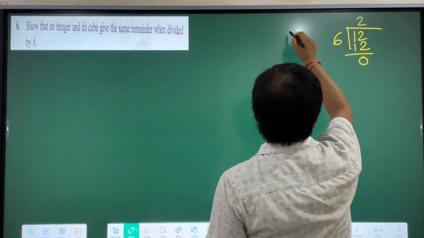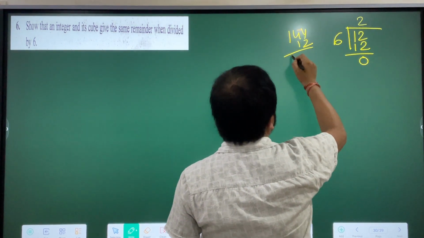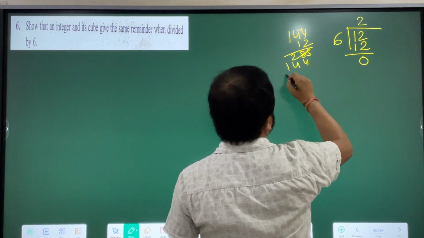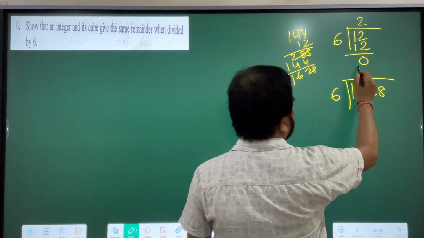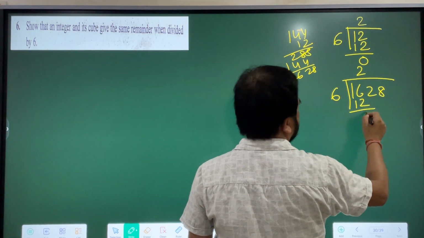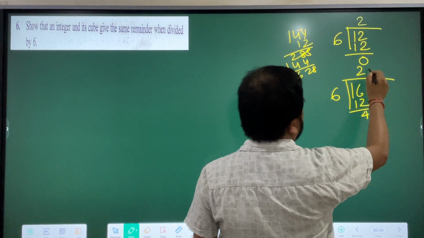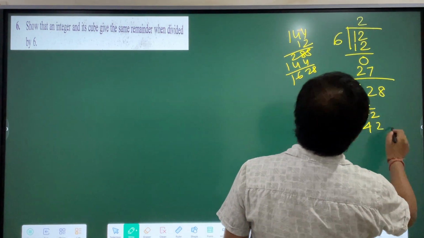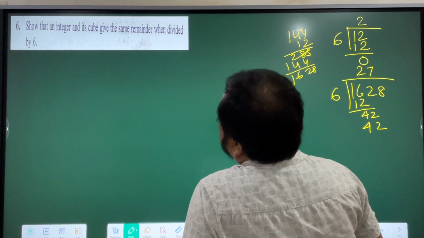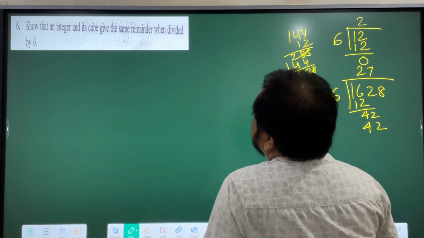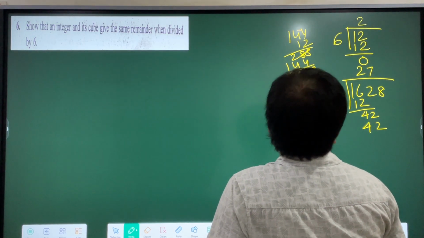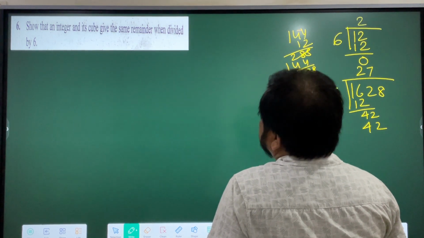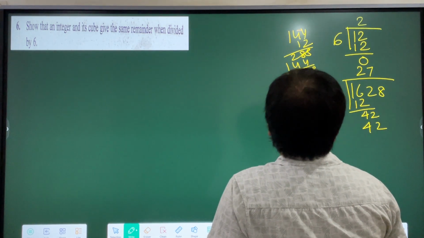Now its cube, 12 cube: 144 into 12, 2 twos are 4, 2 for the 8, 1 for the 2, 1 for the 4.